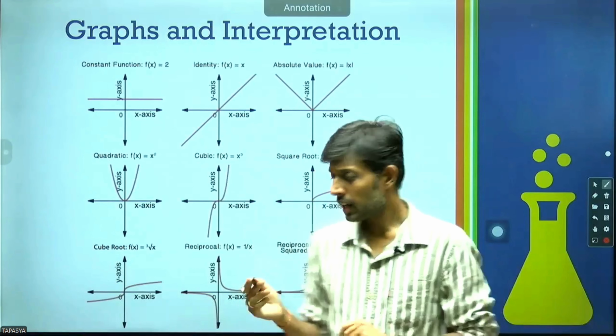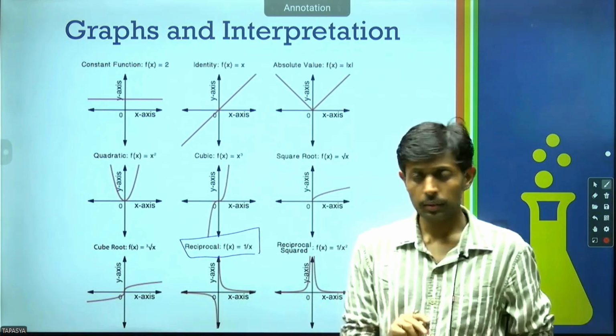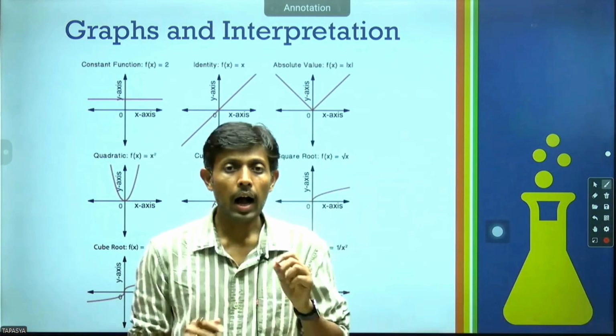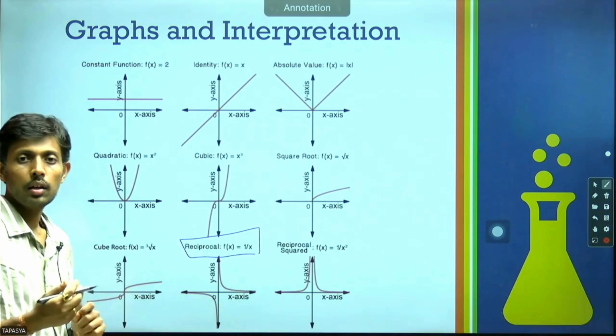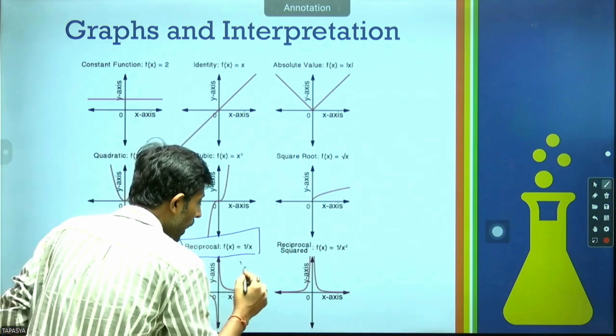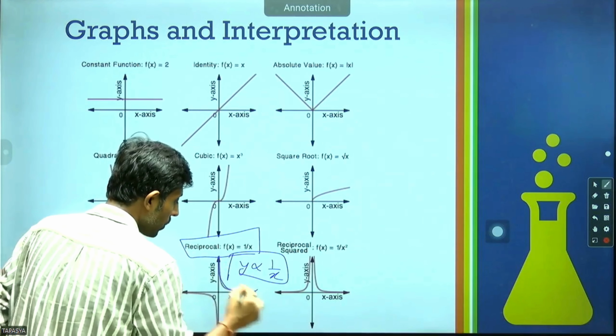Some other important graphs are these. Very, very important actually. We should know how an inversely proportional graph looks. If y is inversely proportional to x, this is how the variation would look.